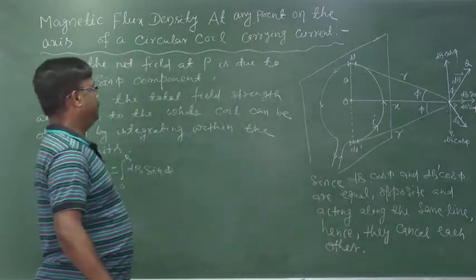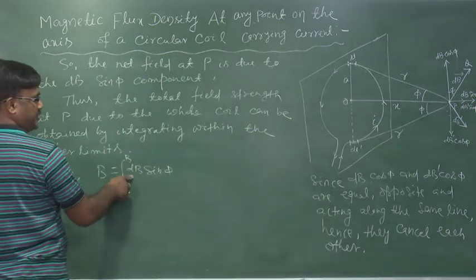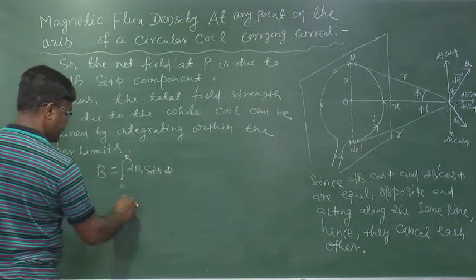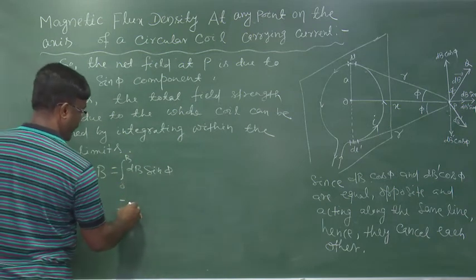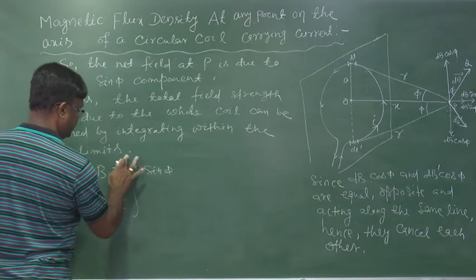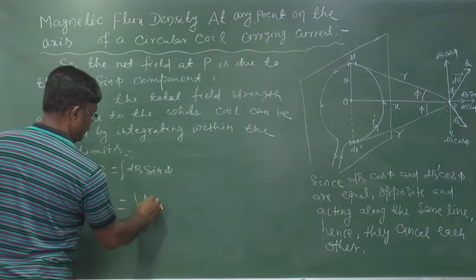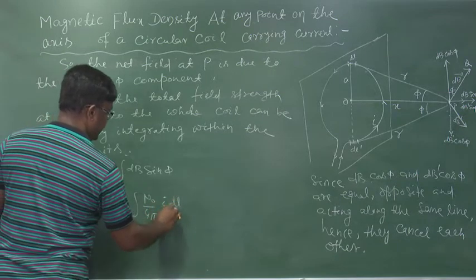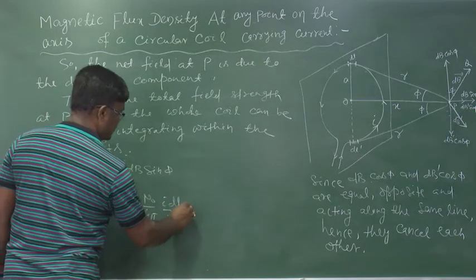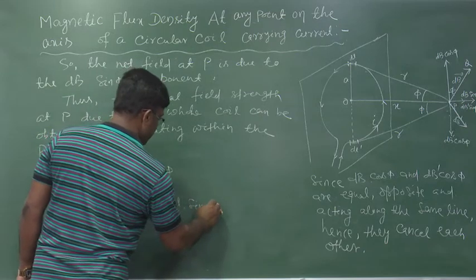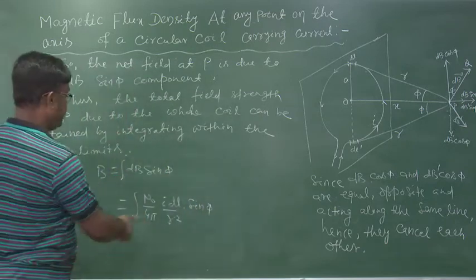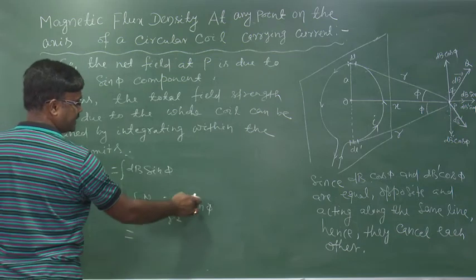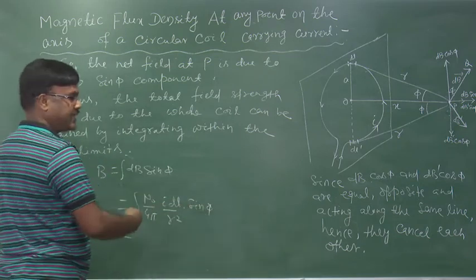But we have already found dB to be mu 0 by 4 pi I dl by r square. So, this can be written as the integration of mu 0 by 4 pi I dl by r square into sin phi. And since mu 0, 4 pi, I, r and sin phi are constant, they can be taken outside.